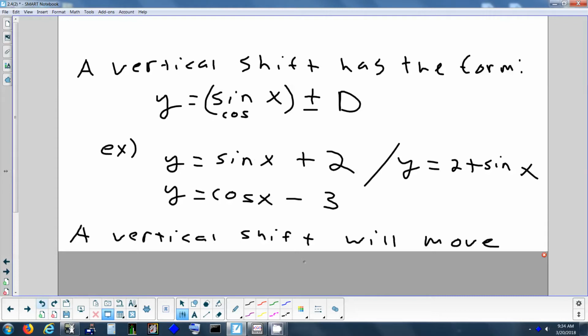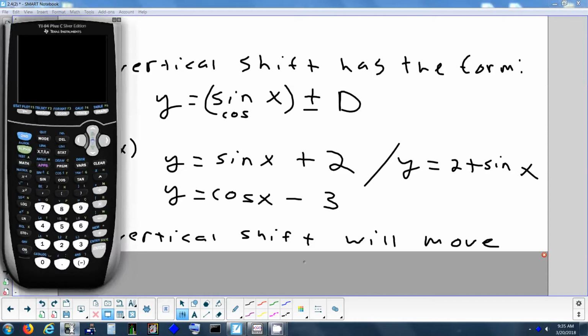Take a guess. Plus moves up. Right, so you would think if you're using common sense that plus up, minus down, because it's the way we label it on the y-axis. But if you think the way we did on Monday with phase shifts, we had to do the opposite.